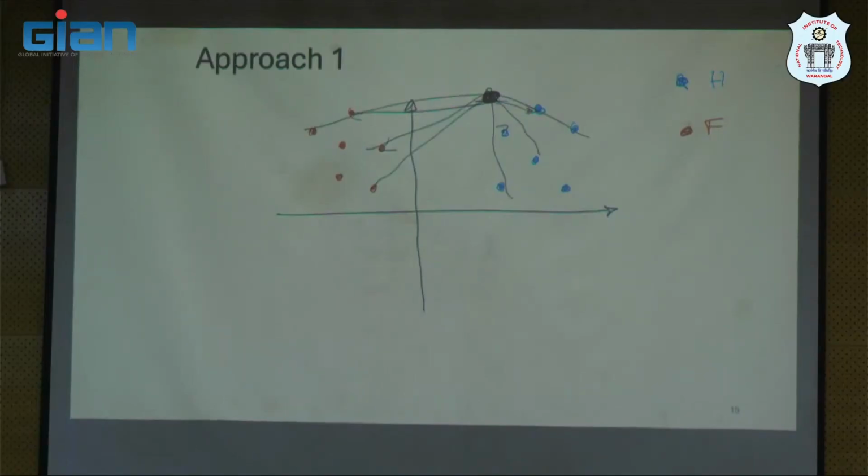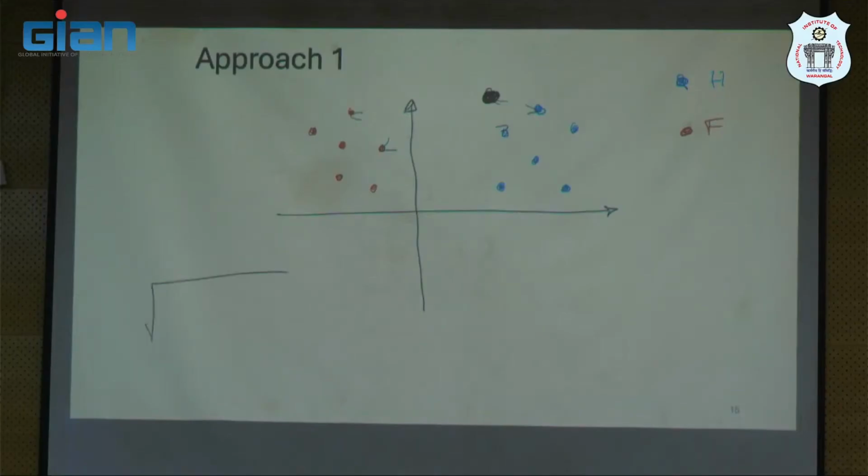Once I find the distance of a test data point with every other point in the training data set, what is distance? Usually we will use distance as a Euclidean measure.